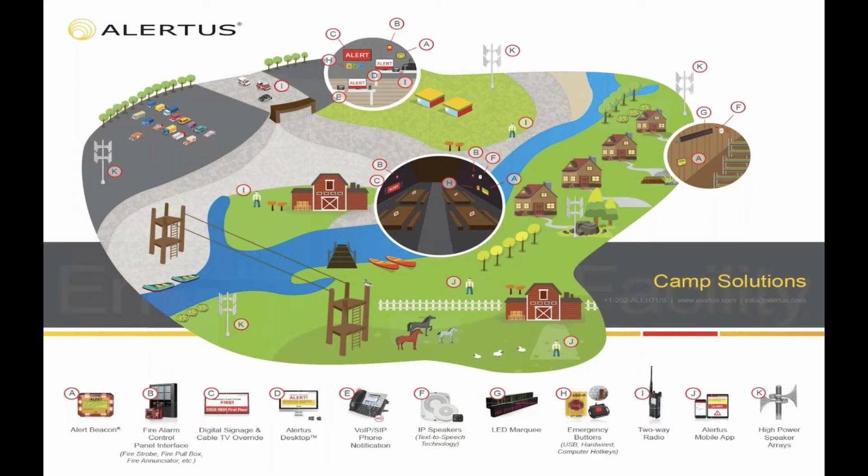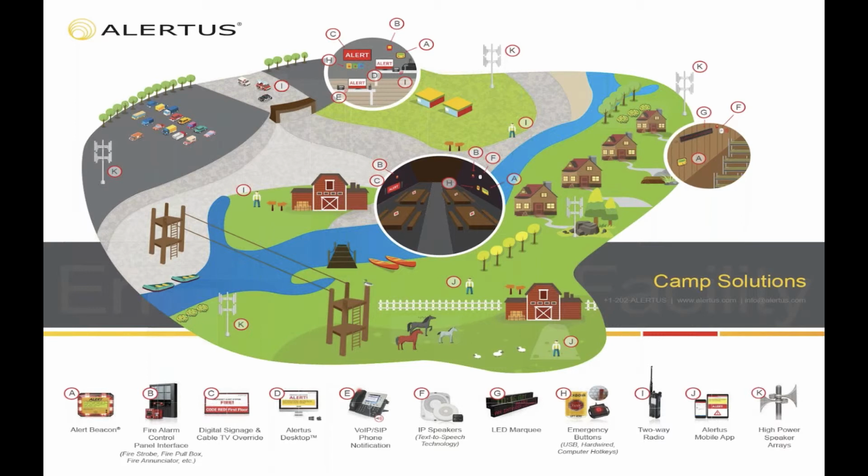What is the audible range for the high-powered speaker arrays? Yeah, so the high-powered speaker arrays can really go up and down based upon the wattage and the size of the speaker. We have some speakers that have 15 watts, which will cover a parking lot, but we also have speakers that can be mounted and reach up to 1.5 miles of tones.